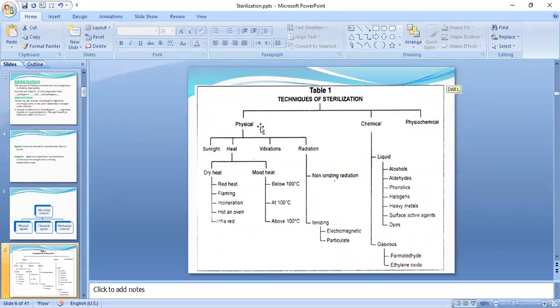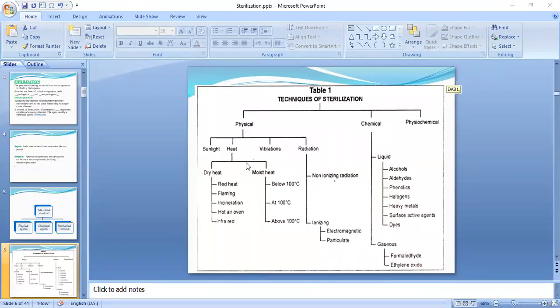Now, among the physical methods, we will discuss heat. Heat is a very important method of sterilization. The heat may be in the form of dry heat or moist heat.